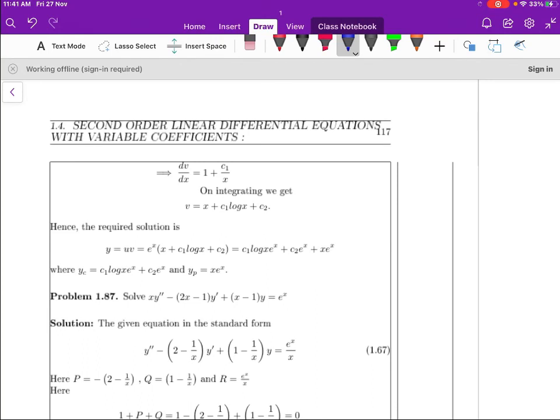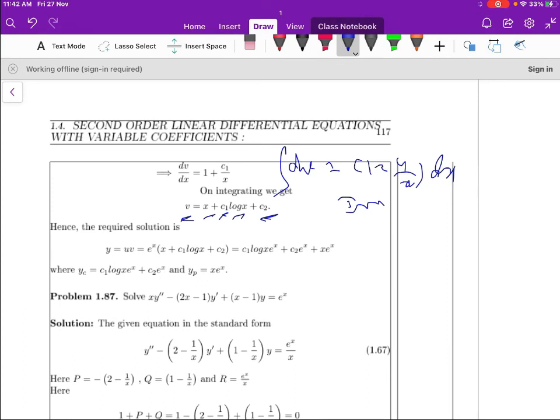Now integrate this. This can be written as dv is equal to 1 plus c1 by x into dx. Variables are separated, just integrate this. We get integration of dv, that is v, integration of 1, that is x, c1 constant, integration of 1 by x is log x, plus integration constant, that is c2.